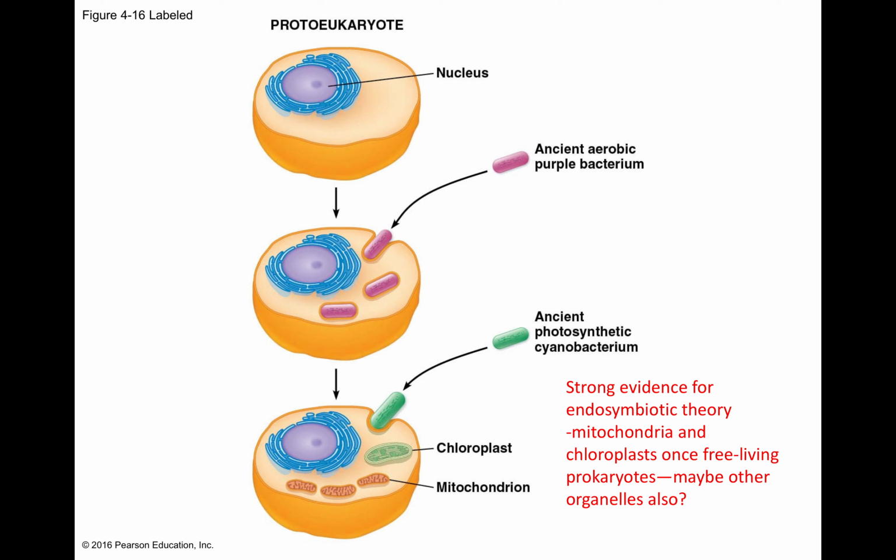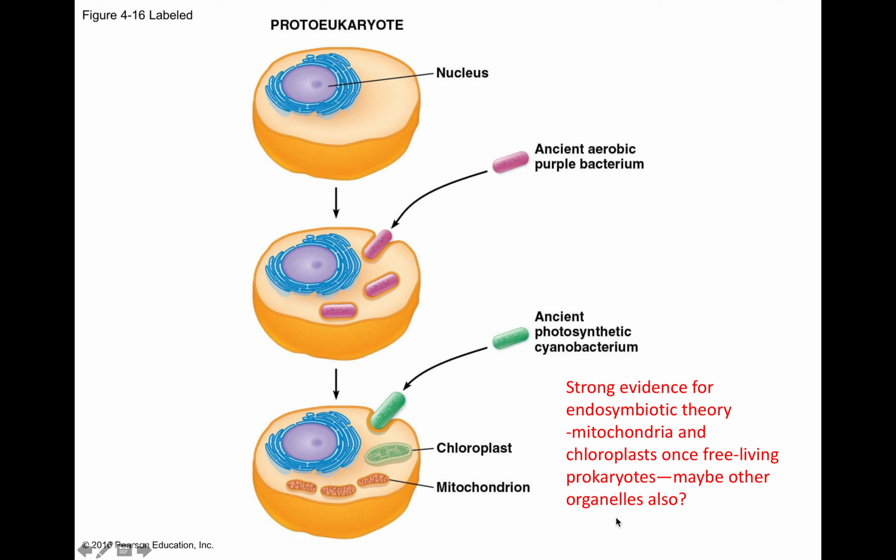So in addition to the circular DNA, chloroplasts and mitochondria are about the same size as prokaryotes, and they have membrane systems as if they got engulfed. So if they engulf this, they would be covered with an extra membrane. Mitochondria have 2 membranes, and chloroplasts have 3 membranes. So not 1, but 2 engulfing events. Okay?